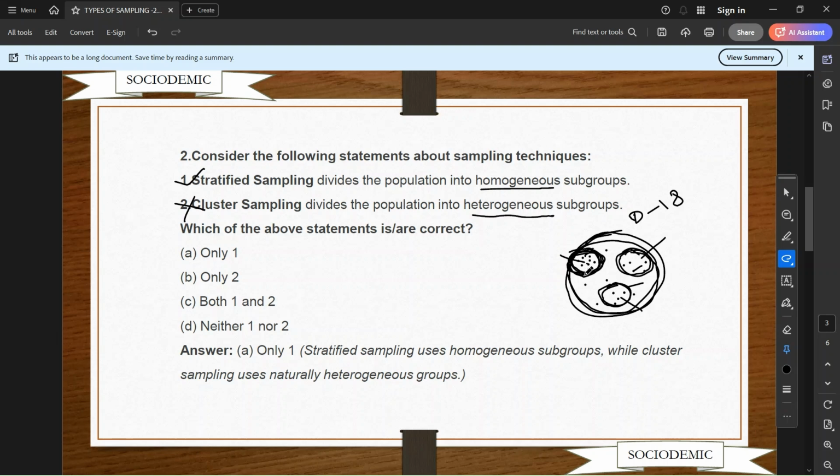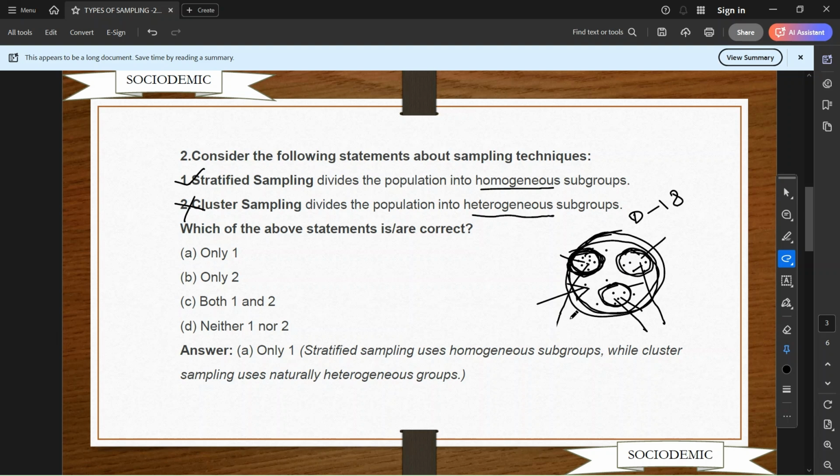Only stratified sampling divides into homogeneous subgroups. Clustered sampling means that by default, naturally, the group is already divided into heterogeneous groups. So clustered sampling selects these heterogeneous groups. That is called clustered sampling.